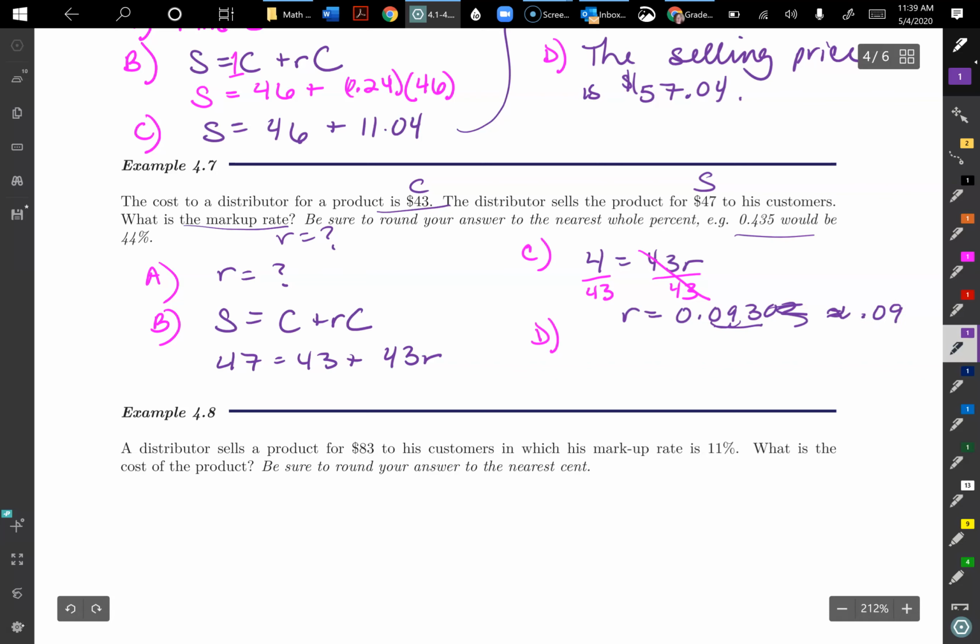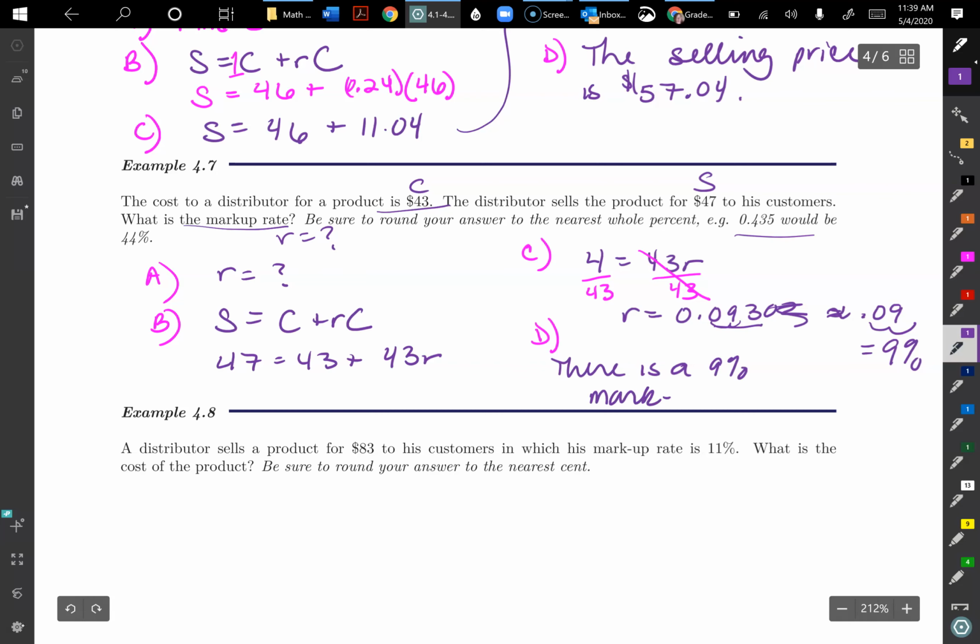And then go 2 places right and add my percent symbol. So my answer for part D is there is a 9% markup rate.